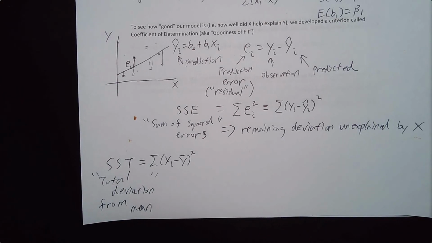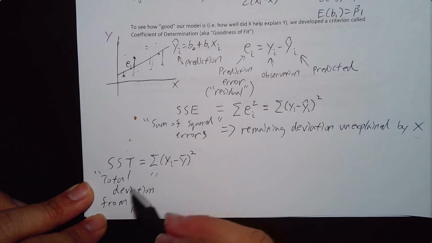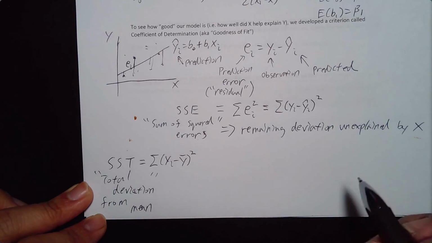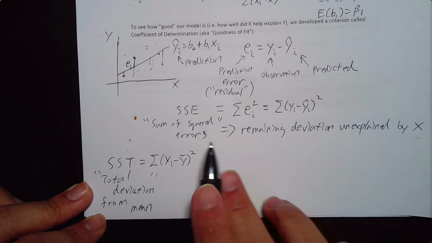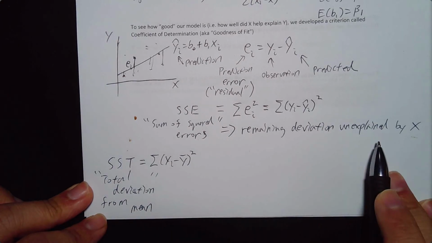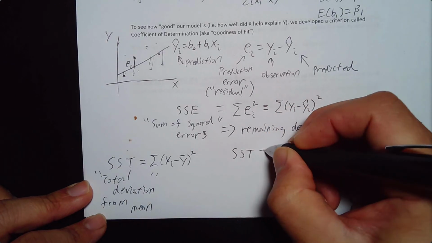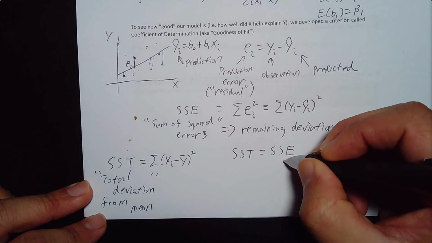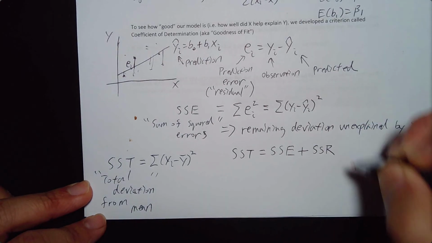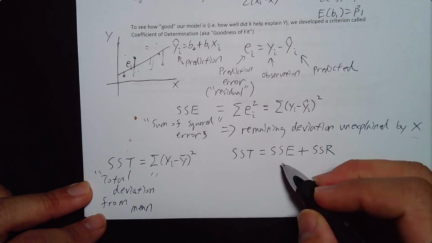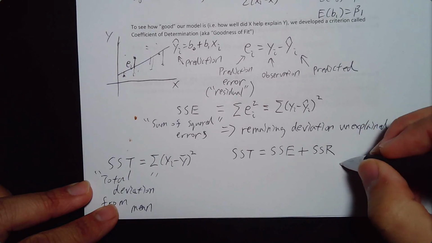This is where we began. We added x, and x partially explains some of the deviation. This SSE is the deviation that's unexplained. So SST equals SSE, the unexplained, plus this other term which we will call SSR. So SST is the total, SSE is the unexplained, therefore SSR is the explained.